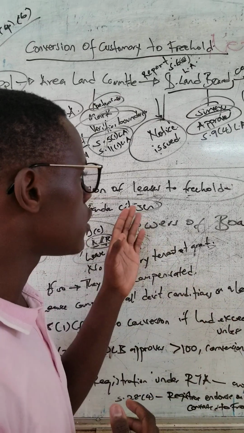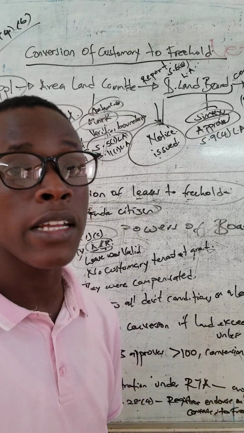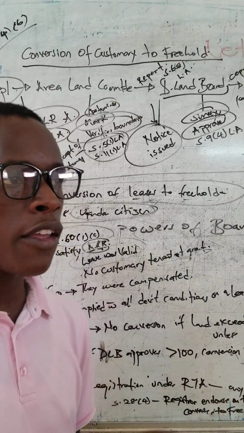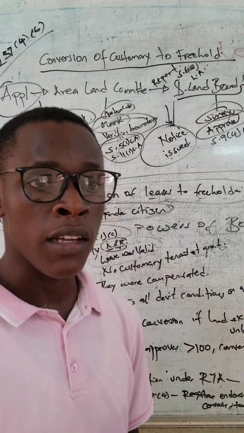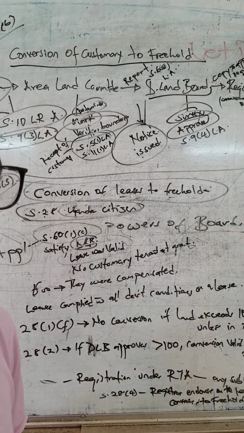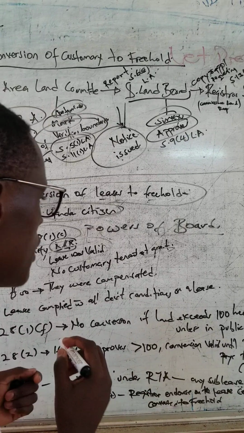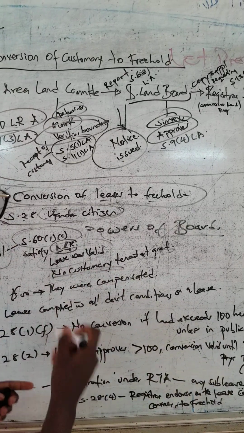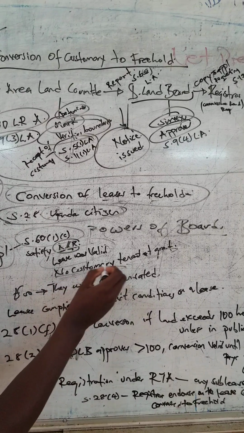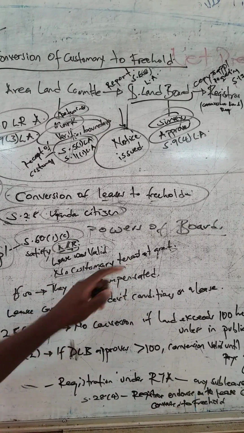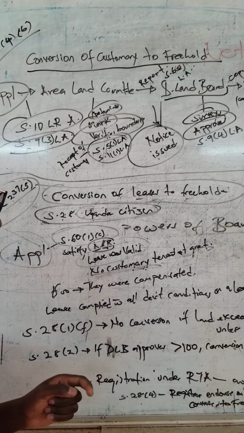If you are trying to change the land into a freehold, basically it's like you are evicting them indirectly. That's why the district land board must satisfy itself before recommending you to get a certificate. It must make observations to ensure that there is not any customary tenant at the time of the grant of what? Of the lease. So put that in mind.